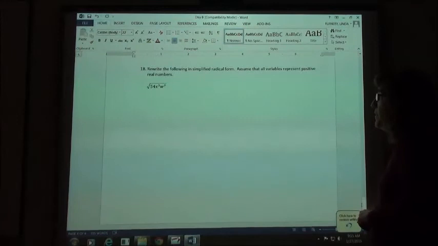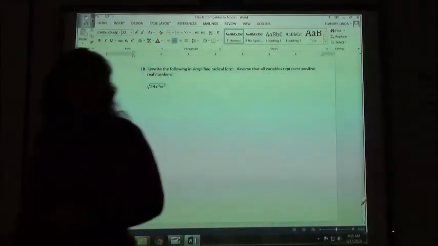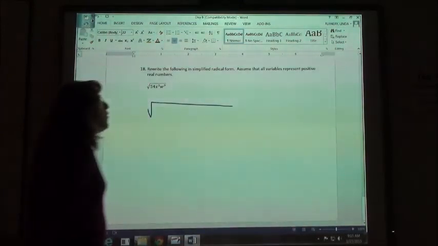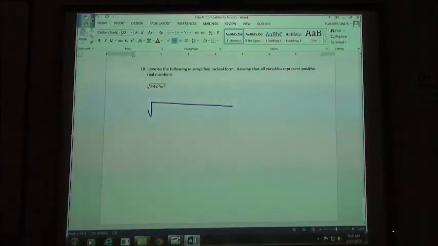Number 18, that must be the last one on the page. Looking at 54. 54 is not a perfect square. It's not one of the numbers on my list, but I bet I can factor it. What should I divide into 54?